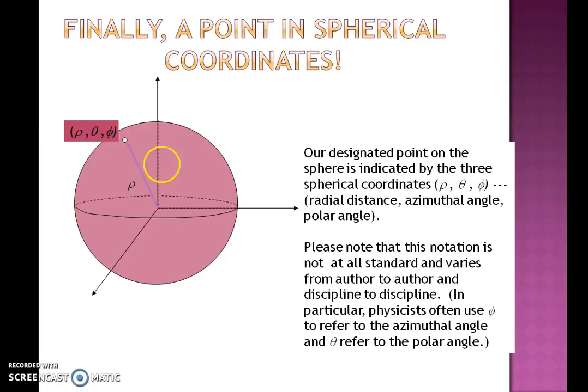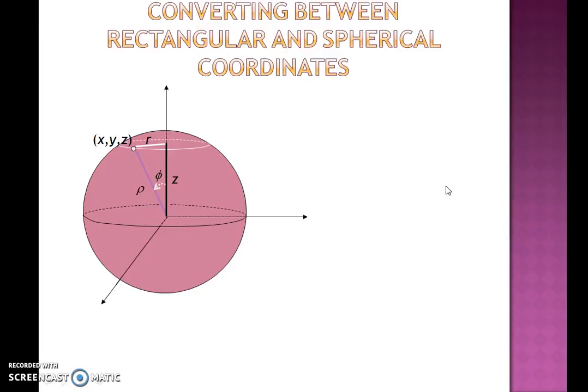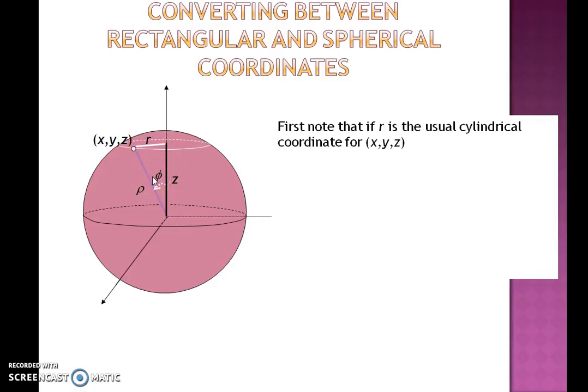This notation is not at all standard and varies from author to author. As I already told you, rho can be represented by r, that is the radius. If this is the point, the distance of this point from the z-axis is denoted by r, and there is the phi angle.